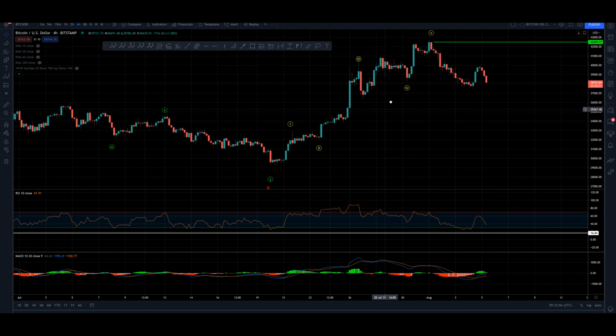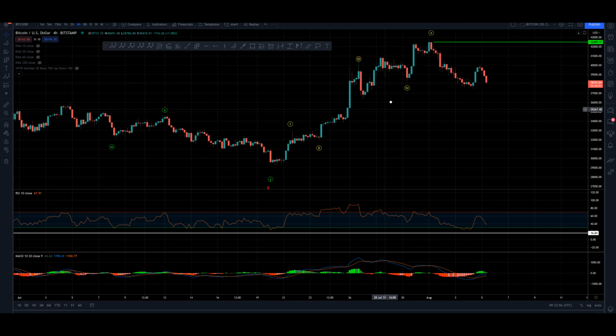Now, this also represents the 161.8% extension of intermediate A. What does that mean? Here's intermediate A, and then B, then C within our B. Okay, so actually we need to change this labeling down a notch to minor. This labeling needs to come down to minute. Just bear with me. I'm just doing a little bit of housekeeping.